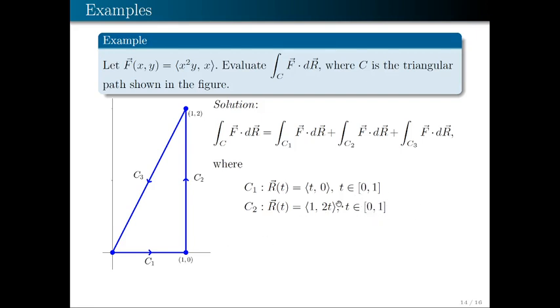And C3, going from (1, 2) to (0, 0), can be parameterized by r of t equal to (1 minus t, 2 minus 2t), with t running again from 0 to 1. Note that these parameterizations are not unique, but regardless of the parameterization that we use, we can obtain the same value for the integral as long as, of course, the integration is correct and the direction of our path is also correct.